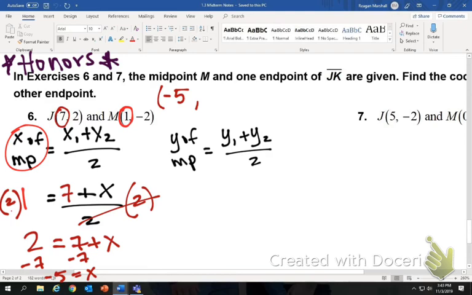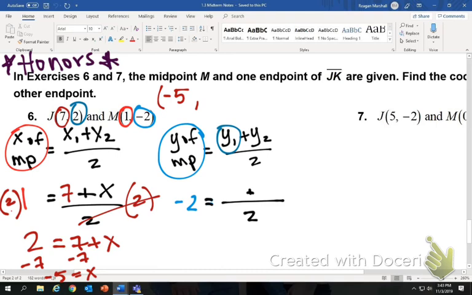We're going to do the same exact thing to find the y of the endpoint we're missing. So we're going to plug in the y of the midpoint, which is negative 2, and the y of the endpoint they gave me, which is 2, and then I don't know the other one.